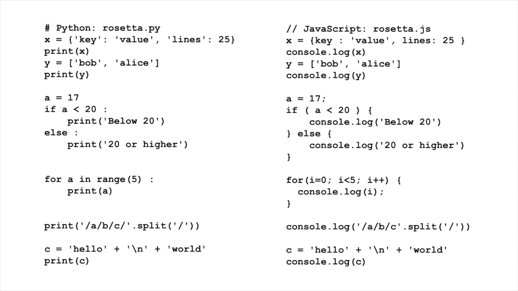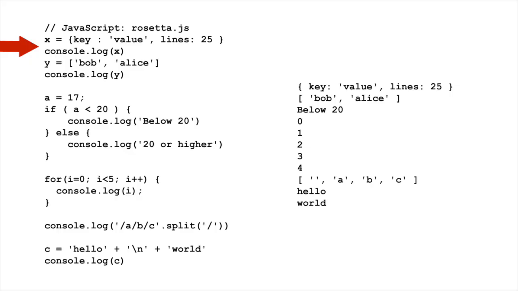You can take a string and split it based on a character in both languages. You get a list on the Python side of things and an array on the JavaScript side of things, but again, lists and arrays function very similarly between these two languages. And you can do some string concatenation. Looks pretty similar. So if we were to run this code, either one is going to produce pretty much the same output.